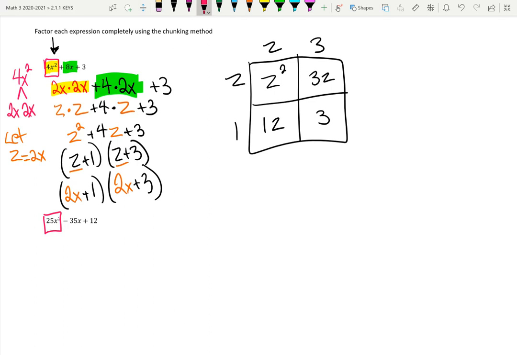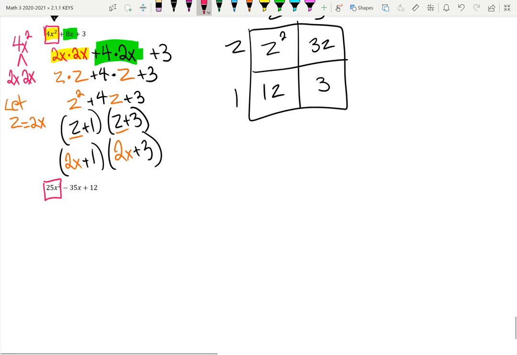Notice in the second problem, 25x squared can be made by multiplying 5 times 5 and x times x. I see that same fact in 35x. I know 35 is divisible by 5.